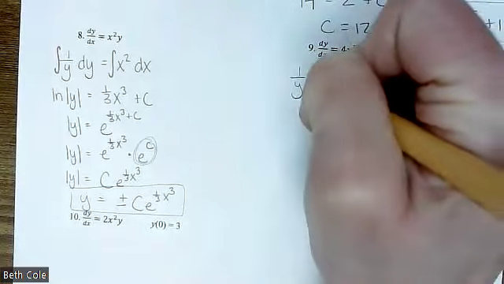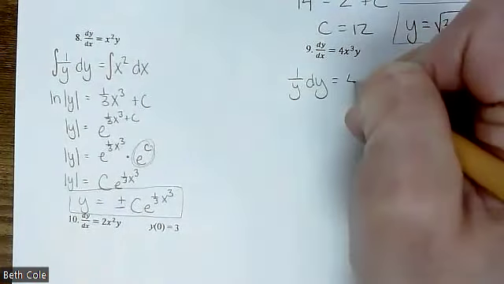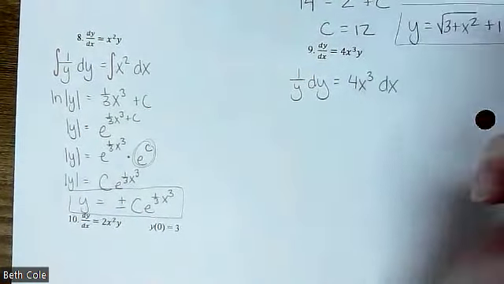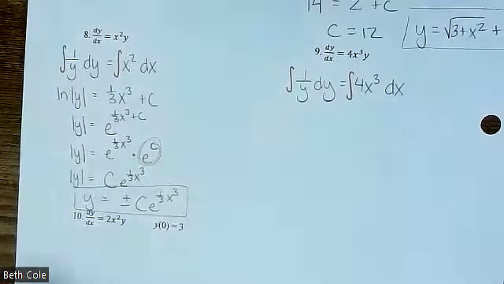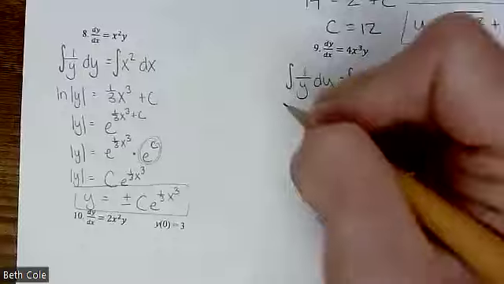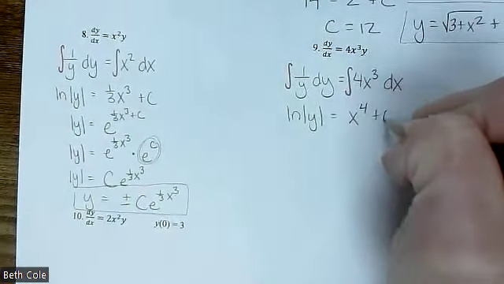Divide by y, good. So 1 over y dy equals, and then what's still on the other side? Yep, 4x cubed dx. Good, it sounds like you guys are still with me here. Antiderivative, ln y, good, equals x to the 4th plus c. Perfect.